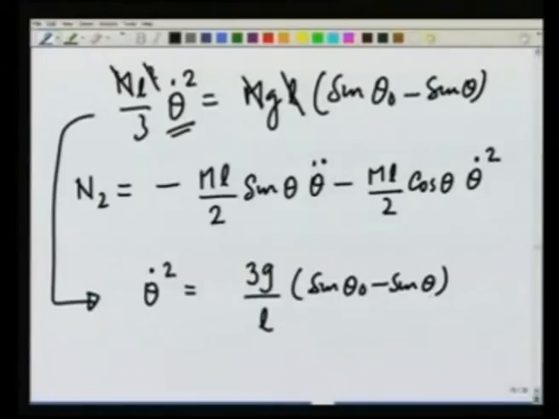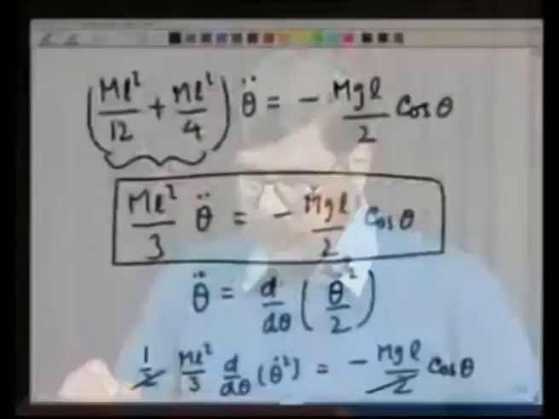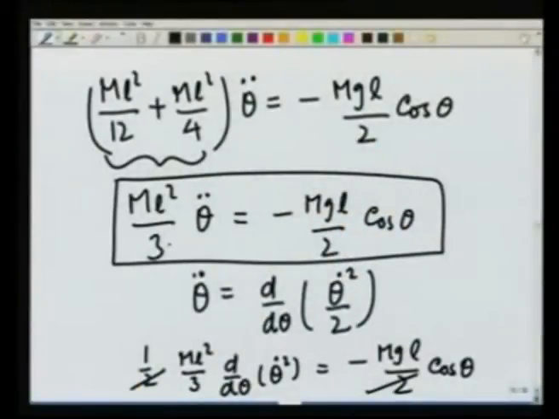Similarly, the equation for theta double dot, which we had derived earlier, m L square over 3 theta double dot equals minus m g L over 2 cosine theta.